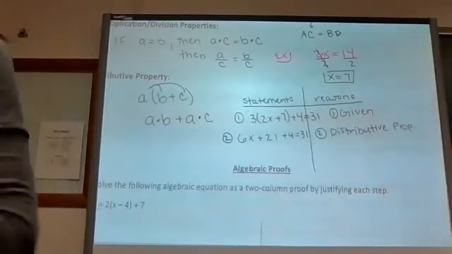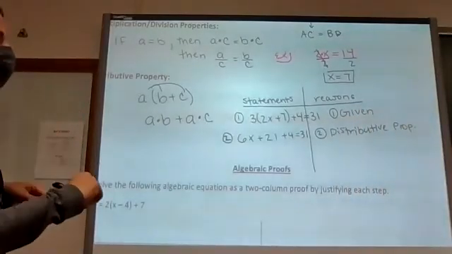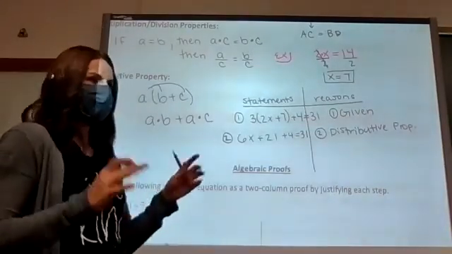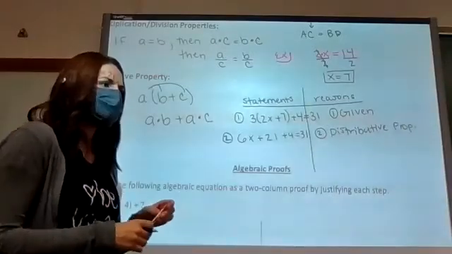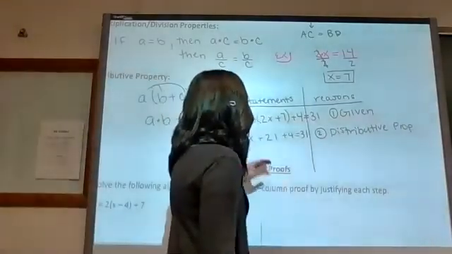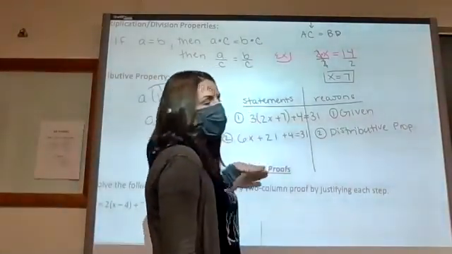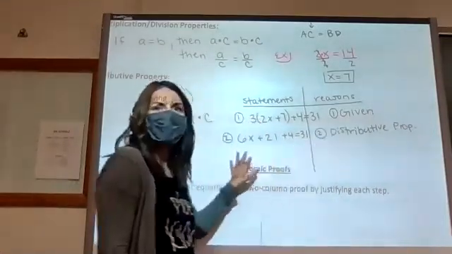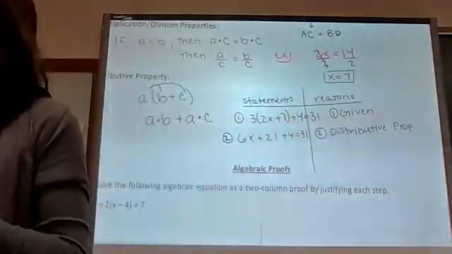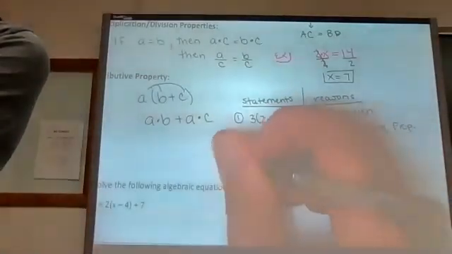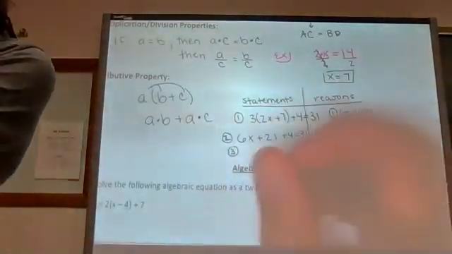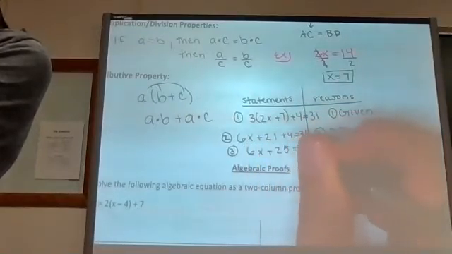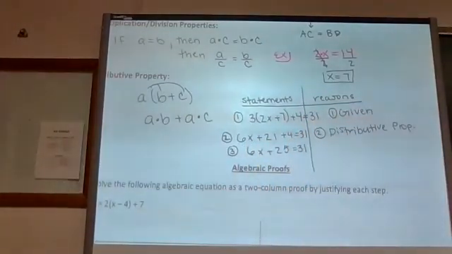What we're doing is organizing our work a little differently, with something we're really familiar with. We're really familiar with solving equations. We're starting here, but you see how it's organized a little differently. Now the next thing I'm going to state is this. And this is why I'm not going to finish this whole proof. I'm going to state that 6x plus 25 equals 31. What did I do there?